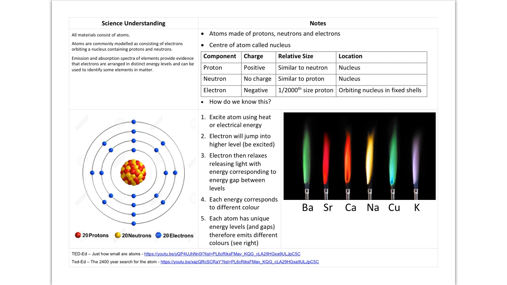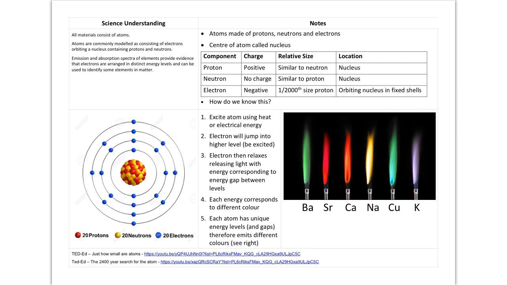The way we really know about this electron structure is that we can excite an atom, and we can do this using heat, like in a Bunsen burner flame, or we can also do it with electrical energy. This is done in a lot of lights. You might have heard of the orange street lights, which are sodium vapor street lights, so they have sodium in them. Neon lights, which are used in lots of shops, have neon gas, and basically it's those neon atoms getting excited that produces that light.